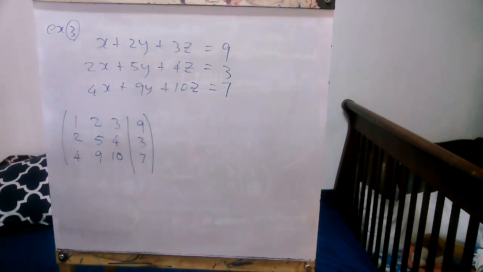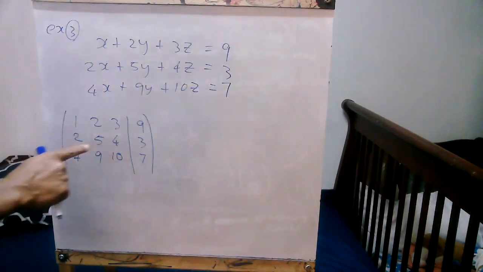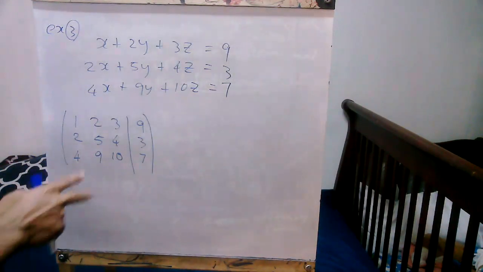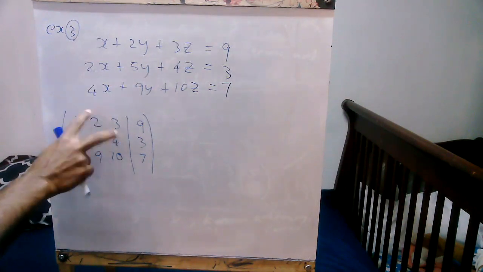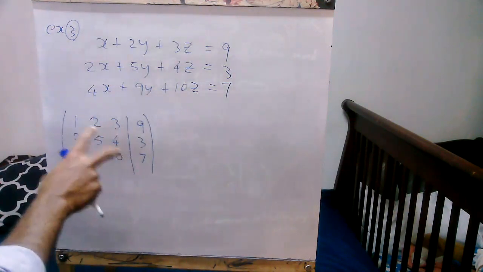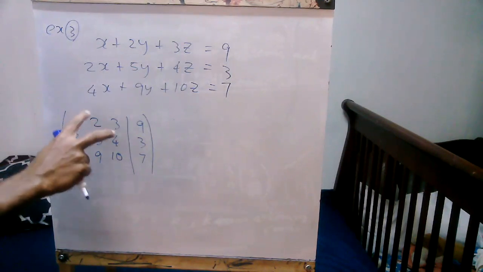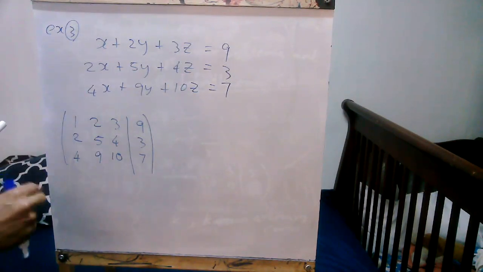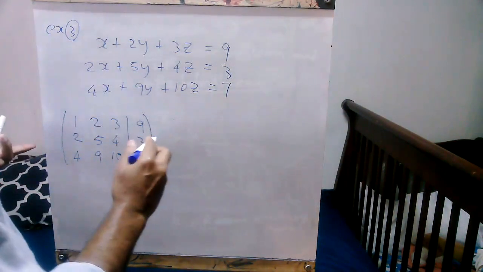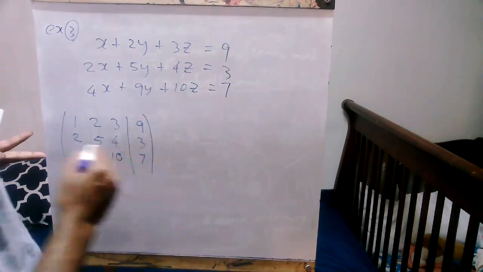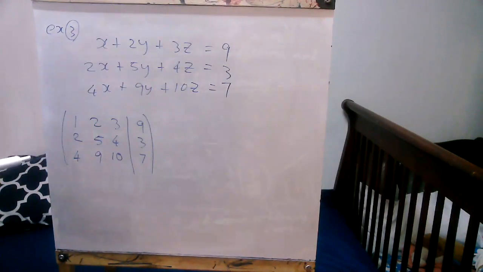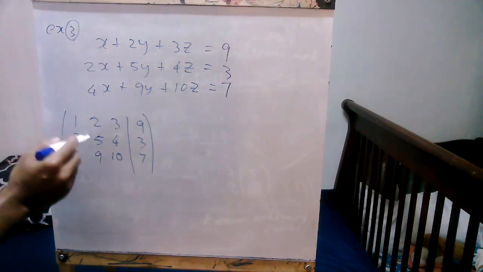Right. Now, what's our intention? We want to make an identity matrix here, right? We do row operations to get the identity matrix on the left side. For that, first we want to make one of these diagonal elements 1.